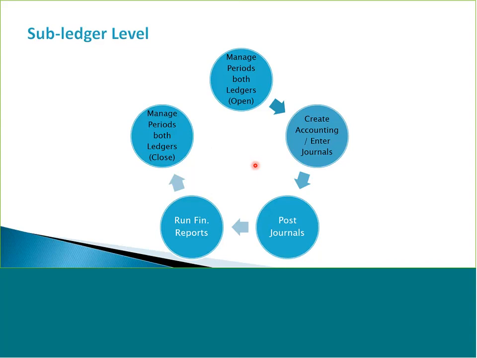So depending on the needs of the client, you will find out what they require in terms of reporting currencies, whether they want to view detailed reports like the journal reports. Then you can tell them they have the journals level reporting currencies and the sub-ledger level reporting currencies as options.